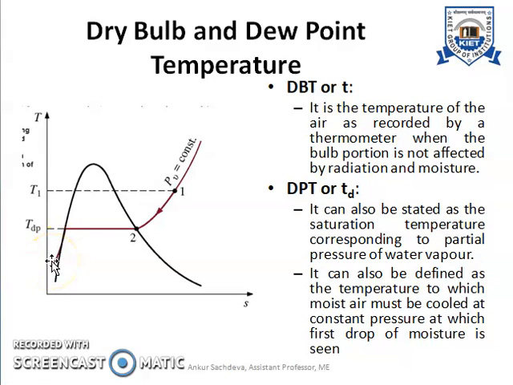As you can see on the left hand side, it goes in a curved manner in the upward direction like this, and then within the vapor dome it moves in a horizontal straight line, and then again after the saturated vapor line, as shown by point number 2, it again moves in the curved manner in the upward direction.